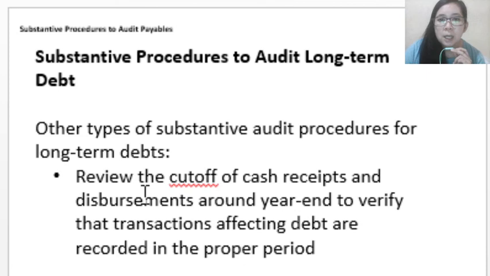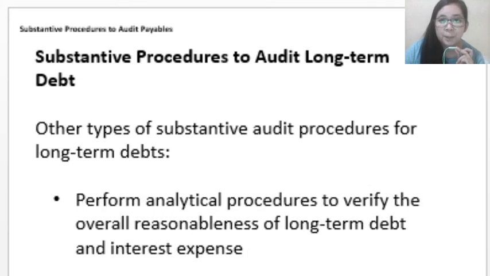Next, the auditor can also review the cutoff. This is the same as with the current liability or payable, to make sure that this account is not understated and all transactions related to this account are properly recorded in the proper period.